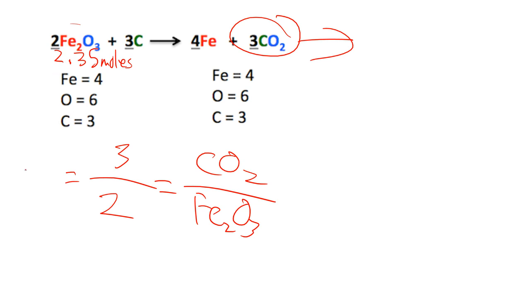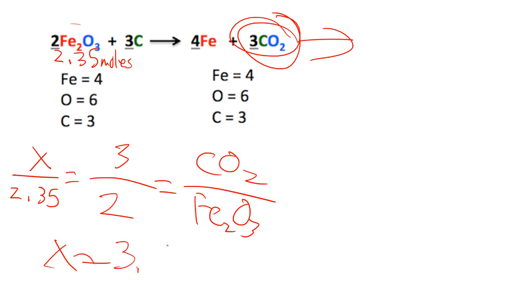Well, we have 2.35 moles of iron oxide. And we want to figure out how many moles of carbon dioxide. So we just solve for x, and the value we get is 3 over 2 multiplied by 2.35. And you get 3.53 moles.